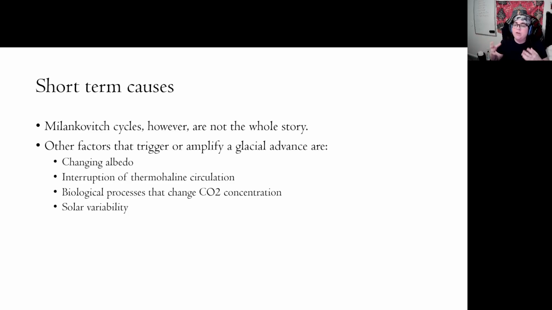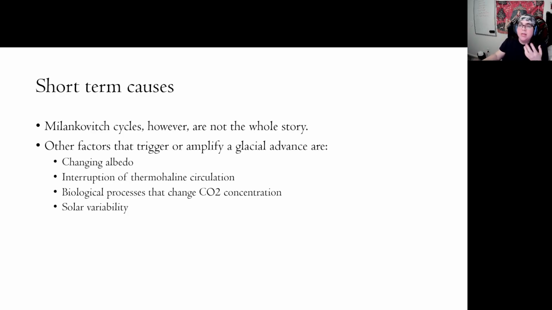Other things that trigger or amplify a glacial advance include changing albedo. Albedo refers to the reflectance of an object. Objects that have high albedo reflect more sunlight.